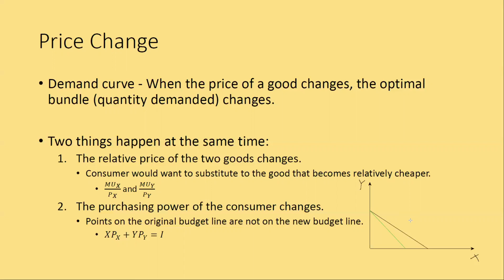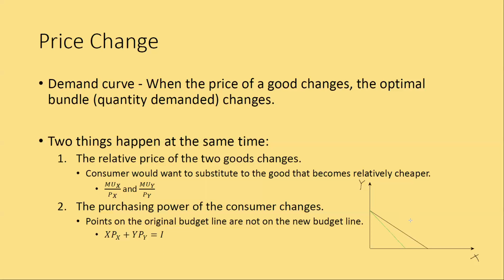Now, if we think in another way, if the green line is the original budget line and the price of good X decreases, now the black line will be the new budget line. Now, every point on the original budget line, which is the green line, will be inside the new budget constraint, right? Which is the area inside of the black line.